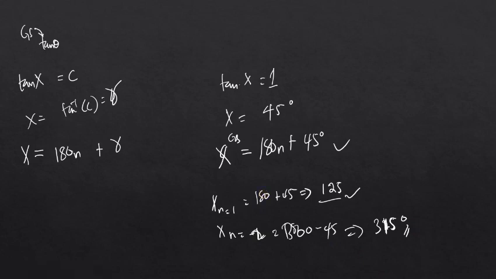Now we'll just solve a few more examples, and then we'll continue from there. Let's say we are asked 2 cos of 1/2 x equal to 1. Find the general solution for this expression.